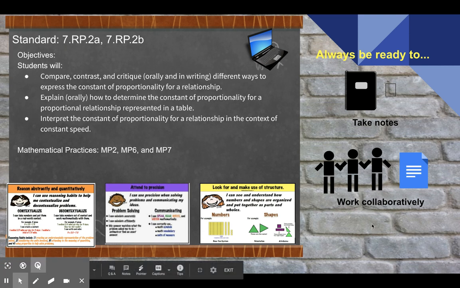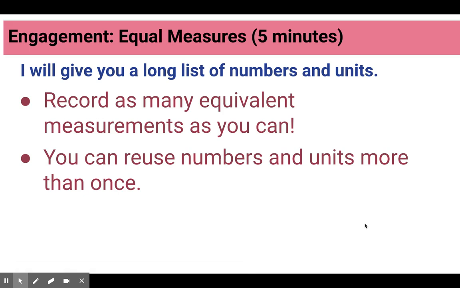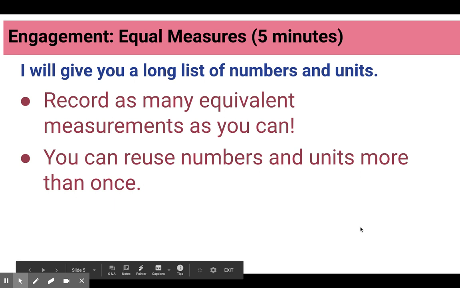All right, let's jump right into our engagement activity for today. So our engagement activity says that we're going to talk about equal measures, and we'll take about 5 minutes. Well, I don't want you to spend too much time on your own going over this, but it says I will give you a long list of numbers and units, which I'll do in a second, and your responsibility is to record as many equivalent measures as you can.